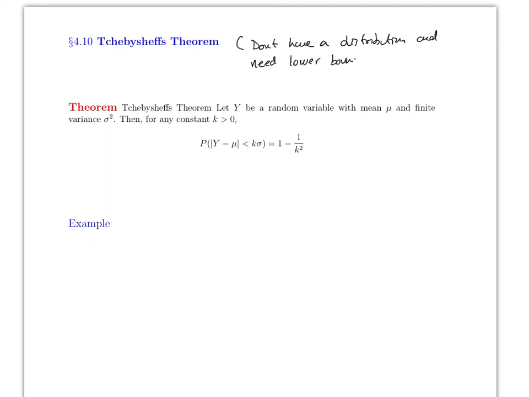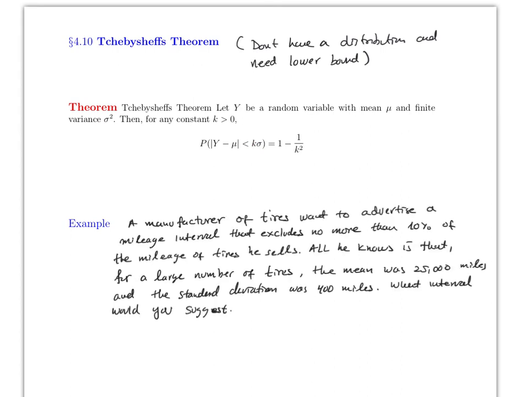Obviously, if you have a distribution, you can find better probabilities, but if you're not sure what the distribution is, Chebyshev's theorem is very, very useful, and everything is given in terms of the number of standard deviations.